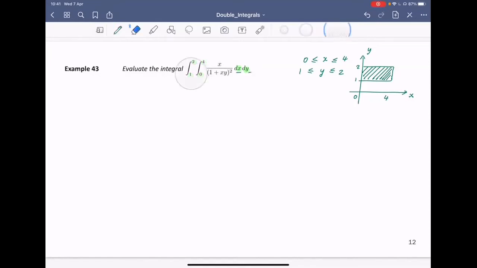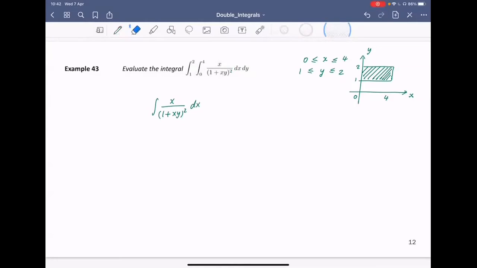All right, now, because you see that inside you have to integrate with respect to x first. It is a little bit harder, don't you think? Because if you want to integrate with respect to x first, you can see that, hey, that means I have to integrate x over 1 plus xy square dx.